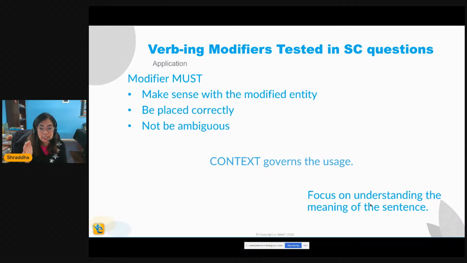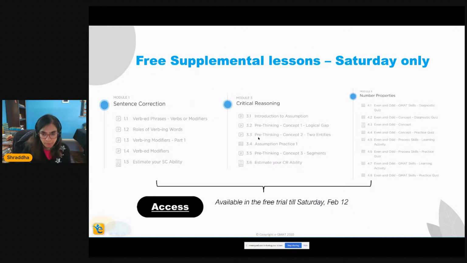So your first step should be to read the sentence and try to understand the meaning, then understand the concept, and then start looking at the answer choices. Looking at the answer choices will come right at the end. If you're confused as to how to use this method, don't worry about that. I'm going to show you how to use this method as we move along.